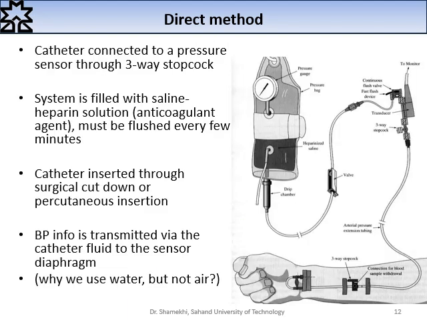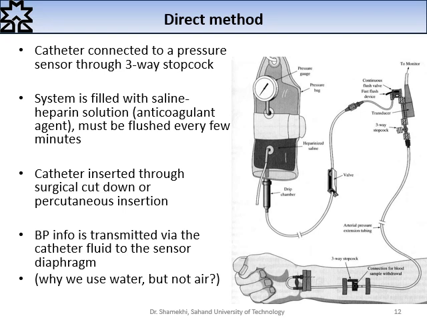This is another presentation of the extravascular direct method. As you can see, the catheter is connected to a pressure sensor through a three-way stopcock. The system is filled with saline heparin solution.